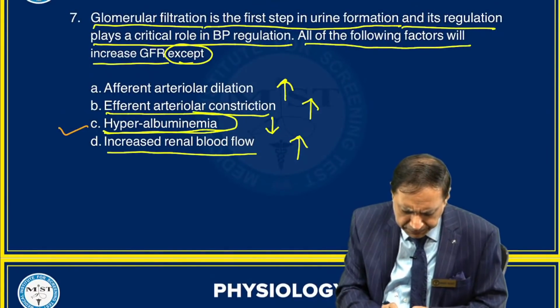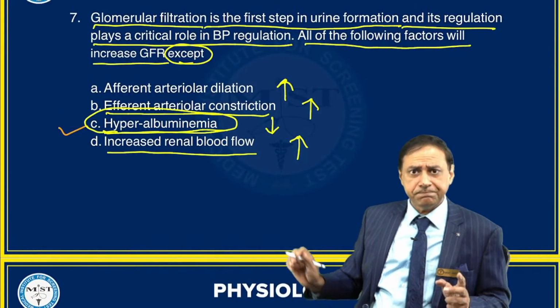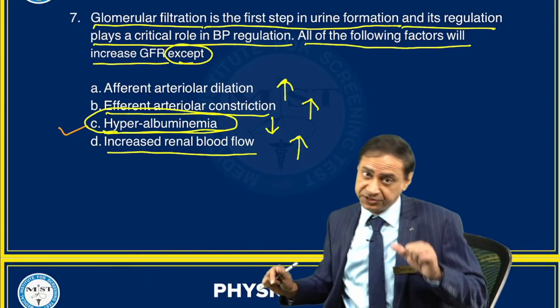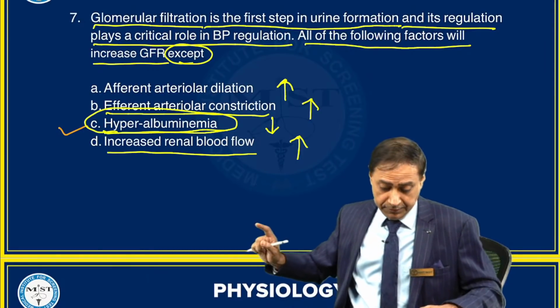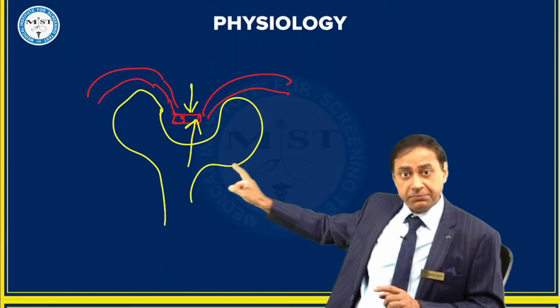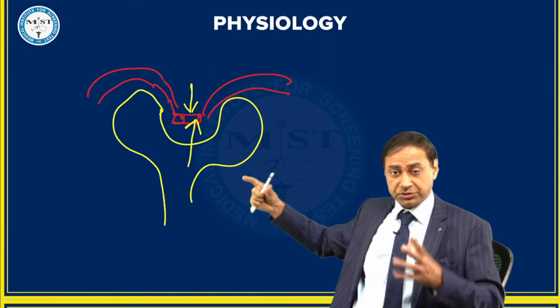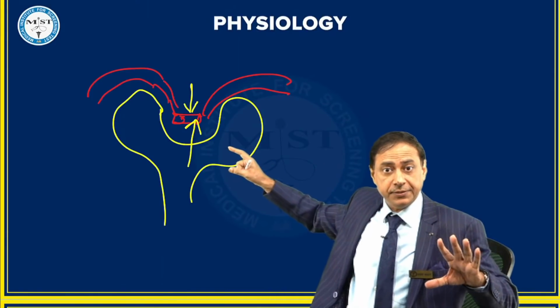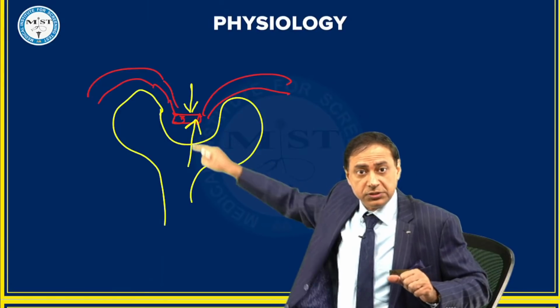For such types of questions related to GFR, which factor will increase and which will decrease, just make it a habit. This picture should come into your mind. Which force will be affected? Whether it will affect this force or this force.